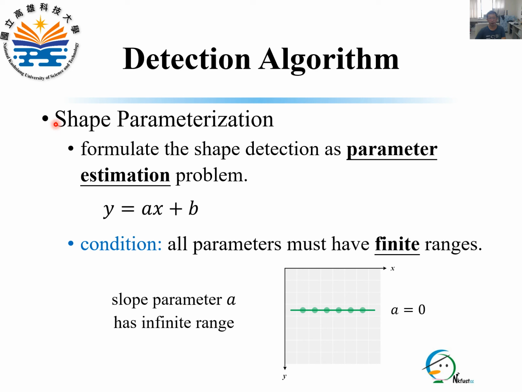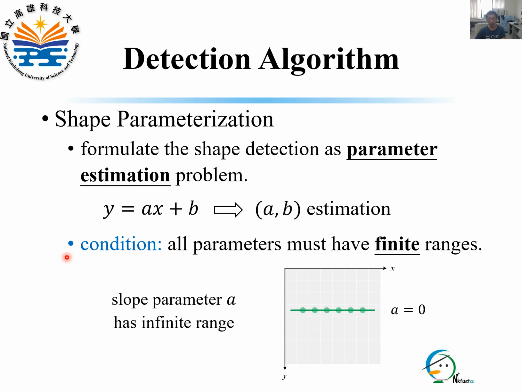The first step of Hough transform is shape parameterization. It is to formulate the shape detection as parameter estimation problem. As mentioned, line detection problem can be formulated as a, b estimation problem.